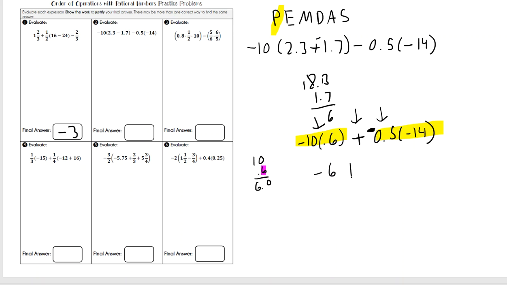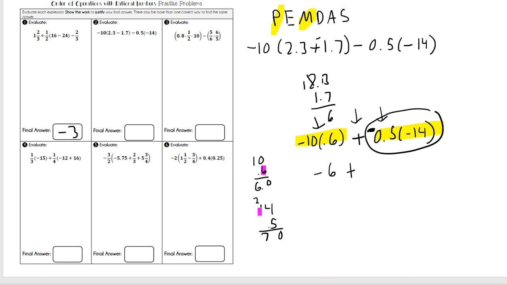Okay, then we're going to add that to, we need to multiply this. Before we can do any addition, we need to take care of all of our multiplications. So 0.5 times 14, 14 times 0.5, 5 times 14 is 70, 5 times 1 is 5, so that would be 7.